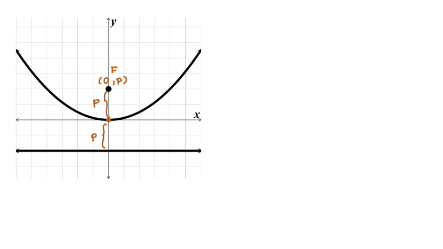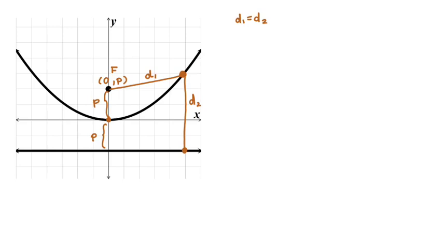Let's pick a point on this parabola. The distance between that focal point and a point on our parabola is going to be the same as the distance from that point to the directrix. If we're following the geometric definition of a parabola, the distance from any point on a parabola to the focal point is equal to the distance from that same point to the directrix. So we are proving that distance 1 is equal to distance 2.